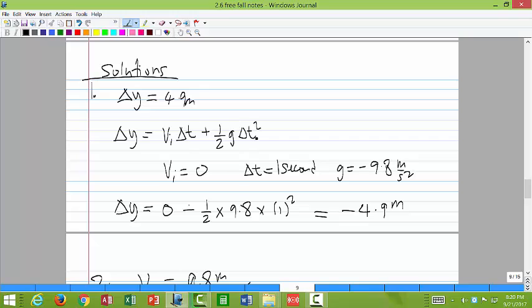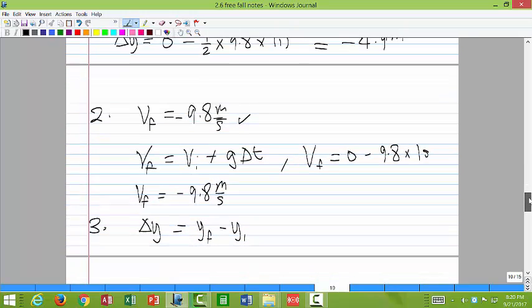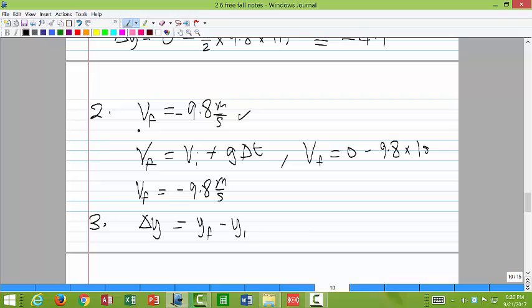So you plug this in and you have 0 minus half times 9.8 times 1 squared, which gives us negative 4.9 meters. Don't forget that displacement is a vector quantity, so negative just tells us it's going downwards.